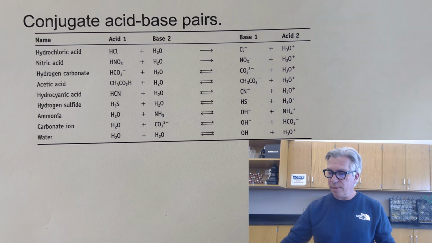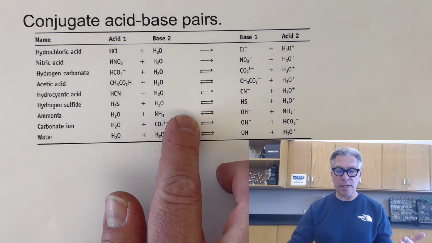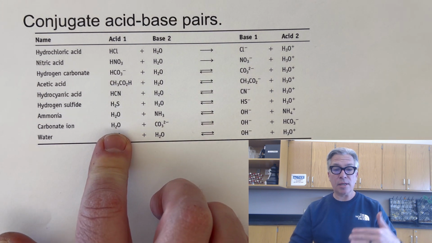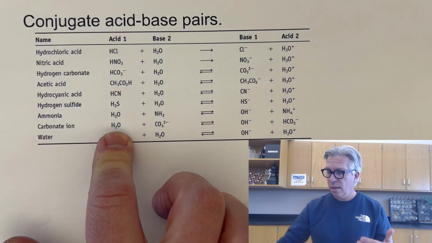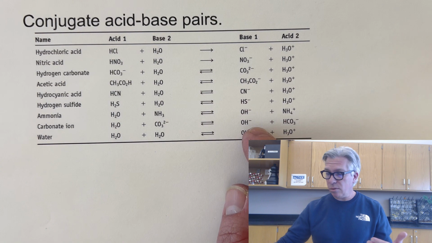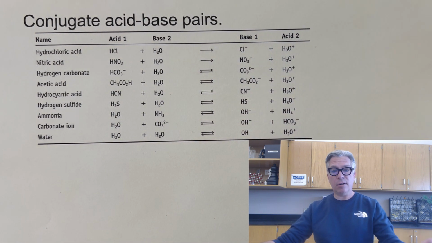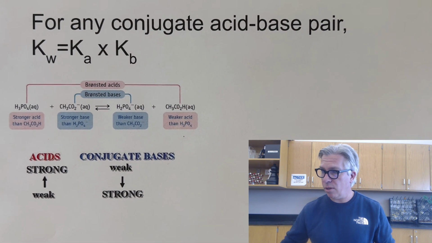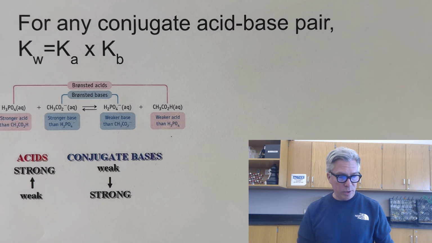All right. Now, because these are weak, they set up equilibria, and so they have equilibrium constants. These have Ka values that represent how far they'll dissociate, and these would have Kb values, which would represent how far they go to the right and accept their protons. And a little fun fact, another tool that we have about water-based solutions is that we know what Kw is.